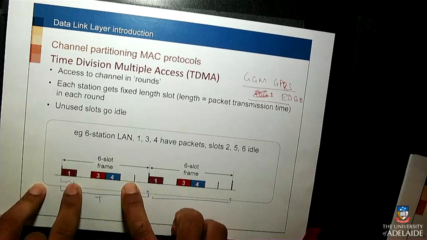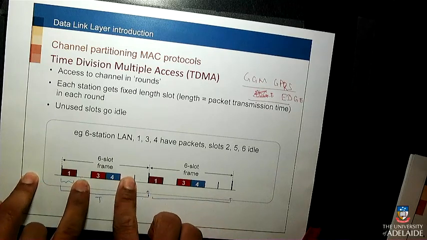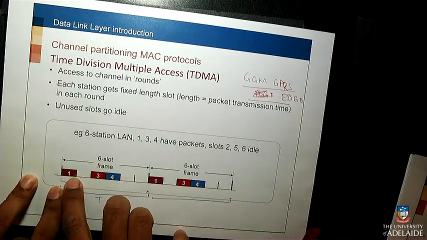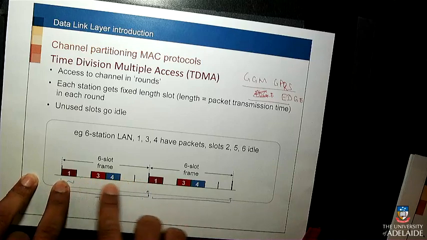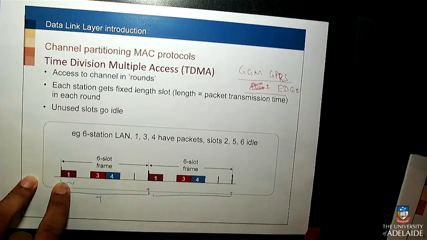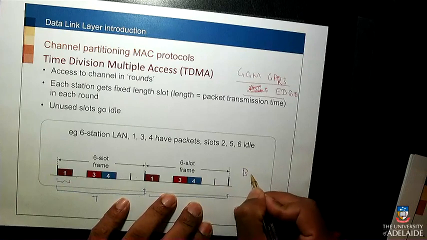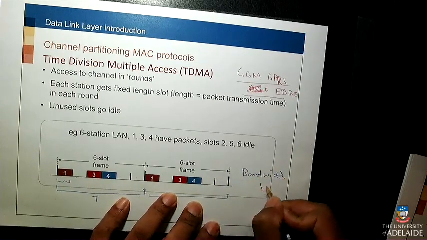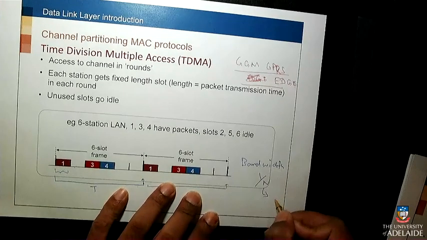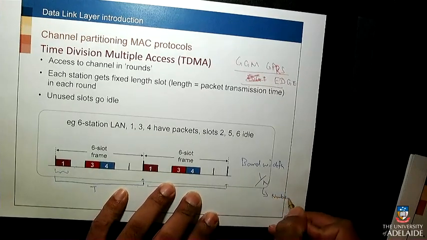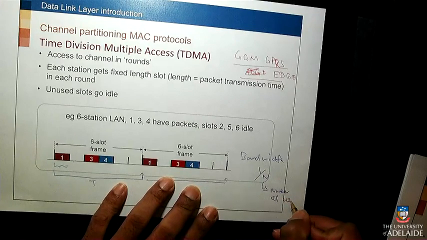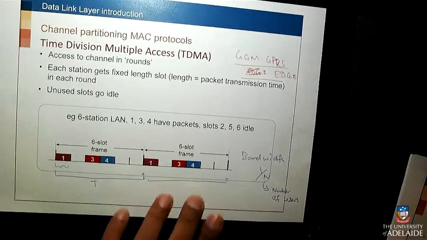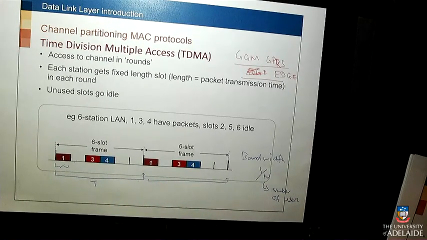If no one has anything to send, I can only send in my slot, and I can't use any of the other slots that are allocated to someone else. So bandwidth is still 1 over n, where n is, let's say, the number of users. The available bandwidth to you is still a fraction determined by the number of users that you're trying to put on here.